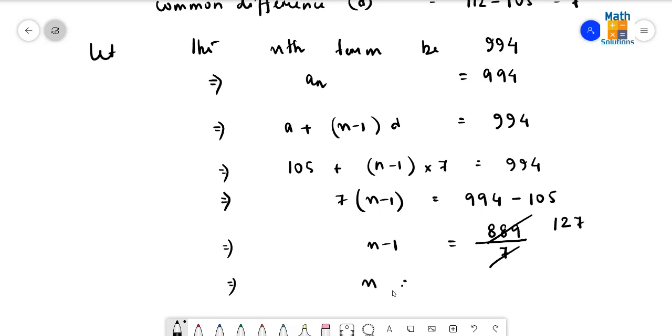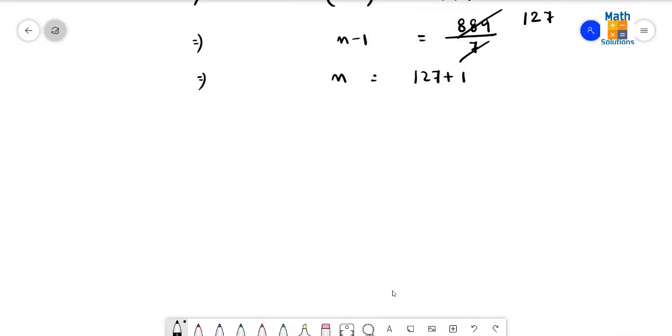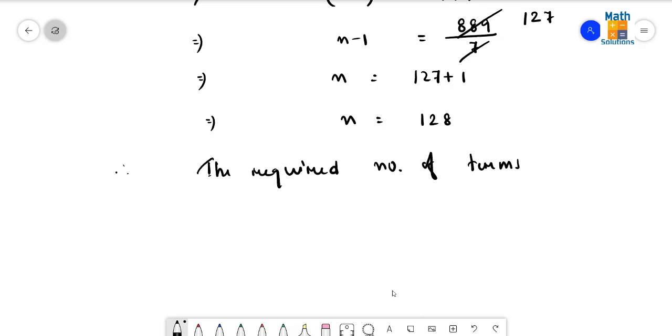So here in this case n is equal to 127 plus 1. The result will come as n is equal to 128. Therefore, the required number of terms is equal to 128. Similarly, question number 14 is also of the same kind.